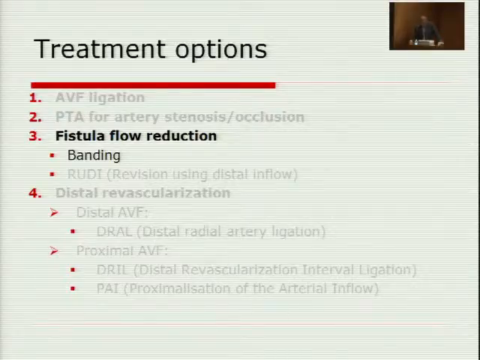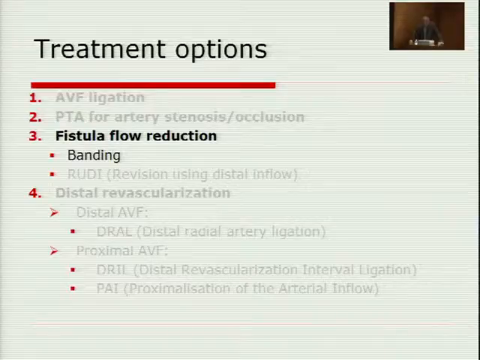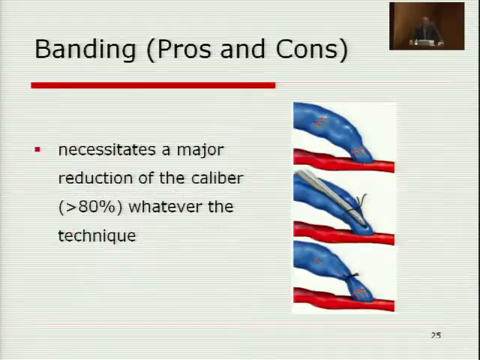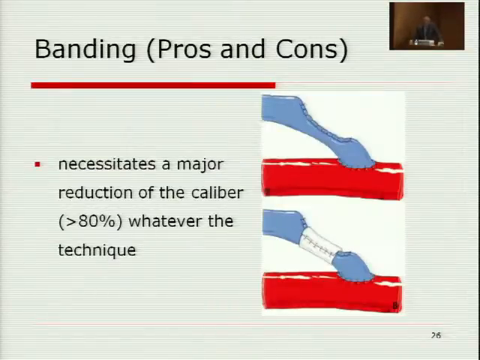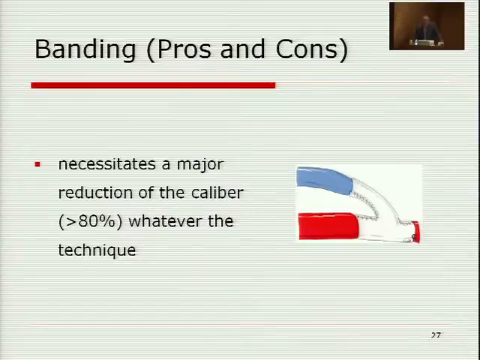The third option is fistula flow reduction when the flow of the fistula is very high. First of all, banding. Banding necessitates a major reduction of the caliber, more than 80%, whatever the technique.